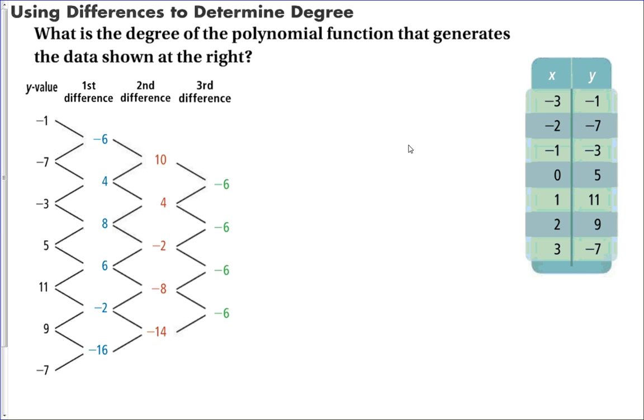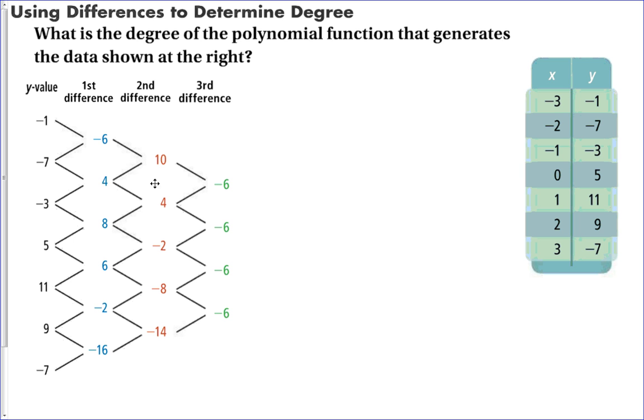So what you want to do when you have a table of values to figure out the degree of the polynomial is you simply start taking the difference between successive y values. The difference between these two is -6. The difference between these two is +4. Between these two is 8, these two is 6, and so forth. Then, since these are not the same, we took the difference between those numbers. -6 and 4 is 10, and so on.